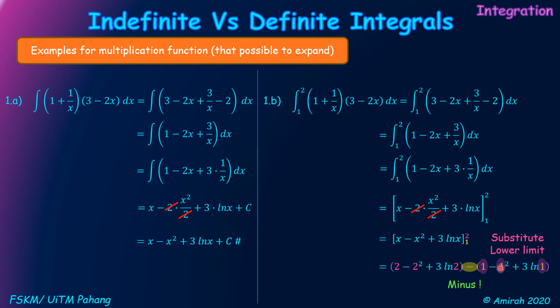Then we simplify. ln 1 equals 0, if you use a calculator. Then 1 minus 1 is 0, plus 3 times 0 is 0, so this is 0. From here, you can use a calculator, and after you use the calculator, the answer is 0.07944 up to 5 decimal places.